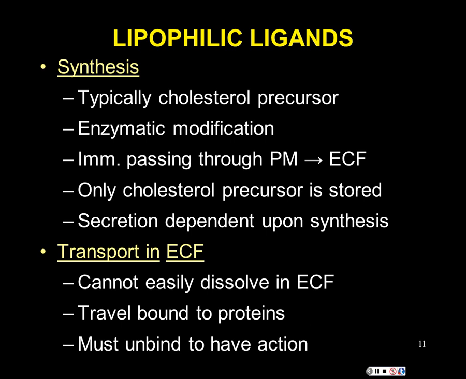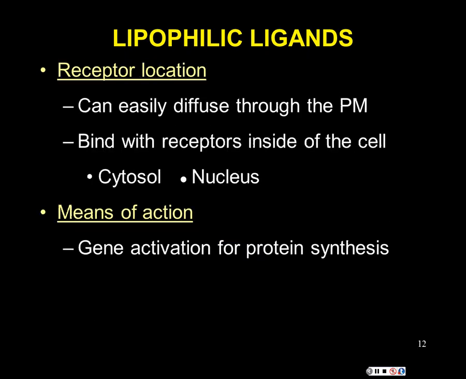And so that hormone has to unbind from the protein so that it can do what at the target? It can dissolve in that cell's membrane to get into its cytoplasm. Right? So our lipophilic ligands, they will diffuse into the target cell right across that plasma membrane.